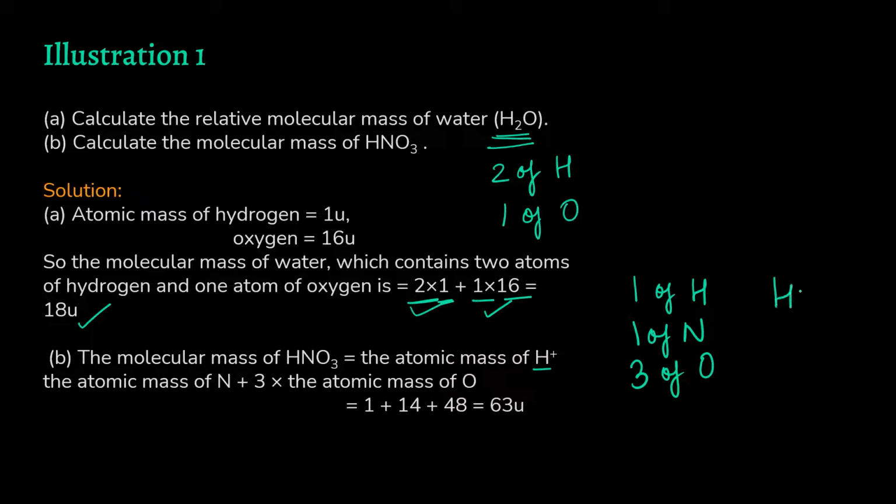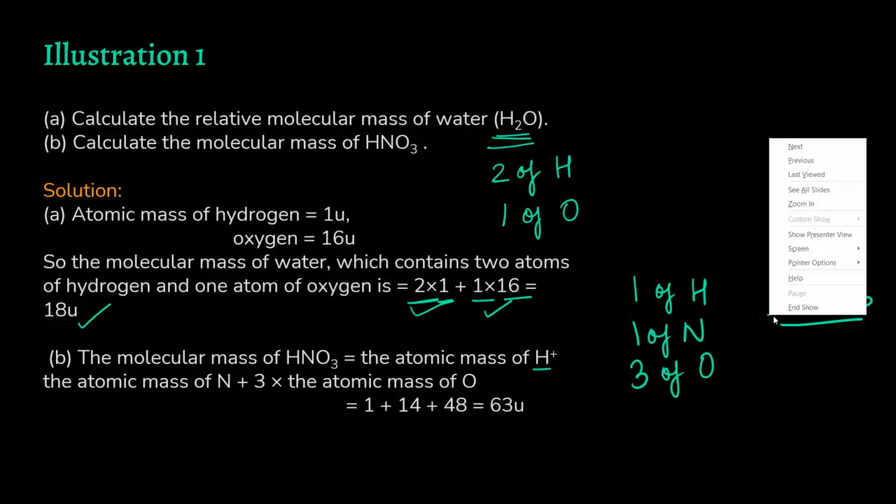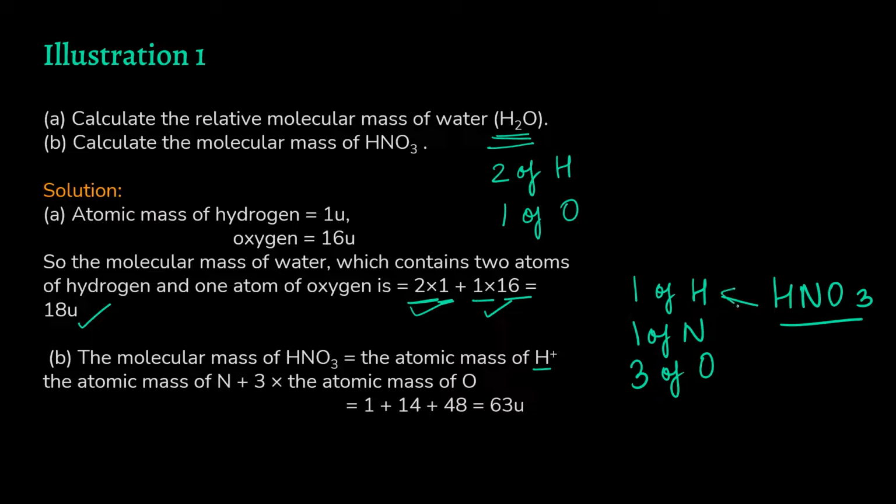So when adding, we will take just 1, that is the mass of hydrogen, then 14, that is the mass of nitrogen, but we will be multiplying 16 by 3, because 16 is the atomic mass unit of oxygen and there are 3 atoms of oxygen. So we'll get 48, and adding all these together we get 63 U.